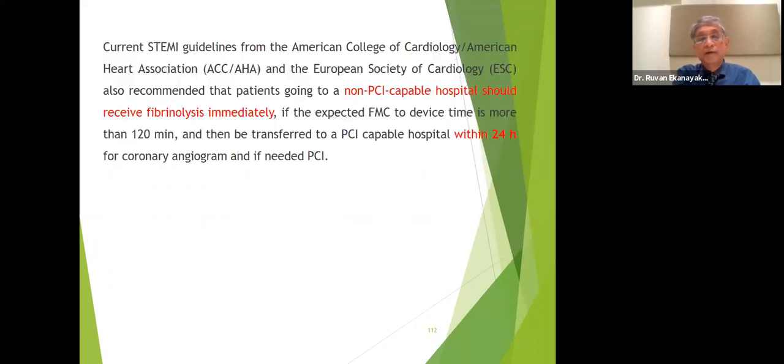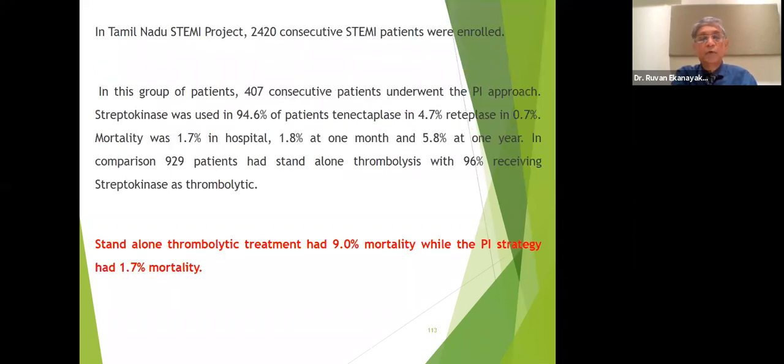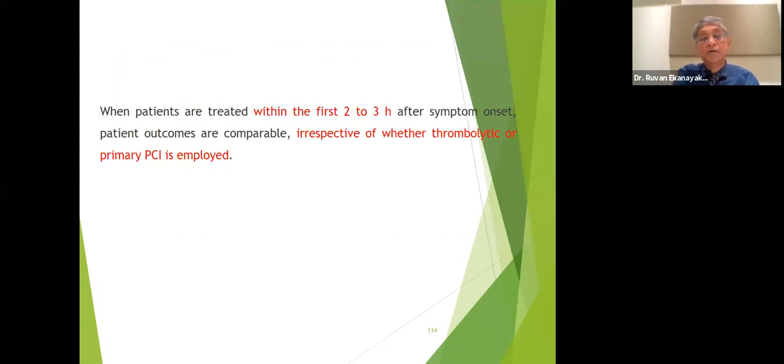So this has been tried out and studied in the Tamil Nadu STEMI trial, and they have shown that in the Indian population, taking streptokinase, the pharmacoinvasive strategy gives excellent results, whereas standalone thrombolytic therapy had a 9% mortality, which is the 10% that we usually talk about. With the pharmacoinvasive strategy, you reduce it to 1.7. So from 9 to 1.7, the mortality is reduced, and you can see the benefit that we have for these patients.